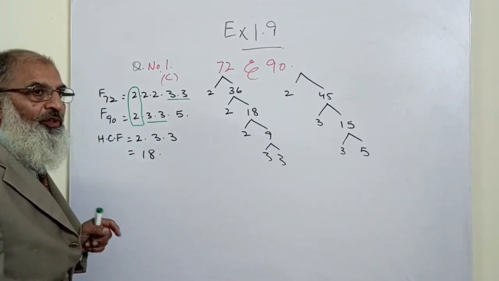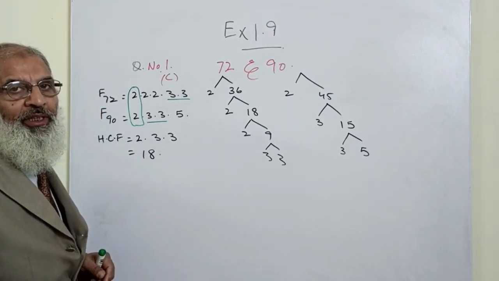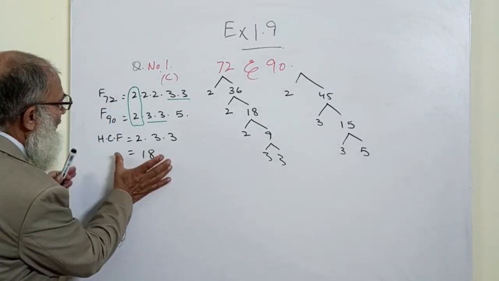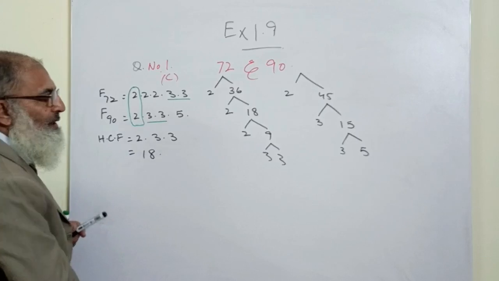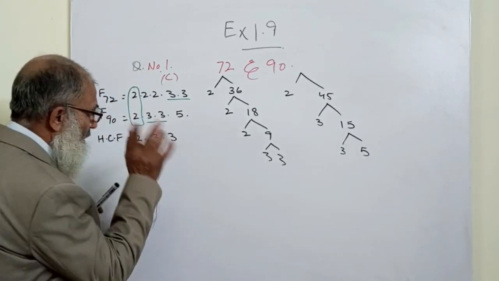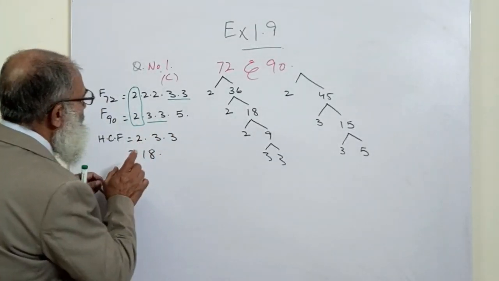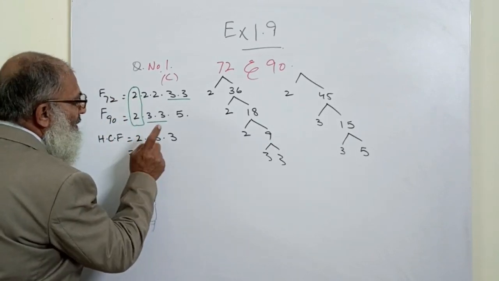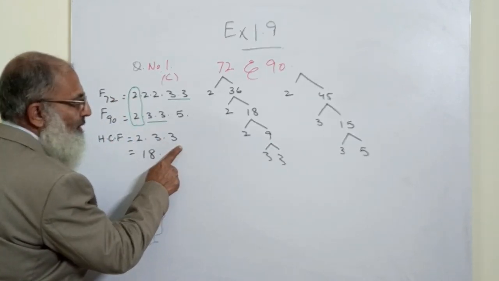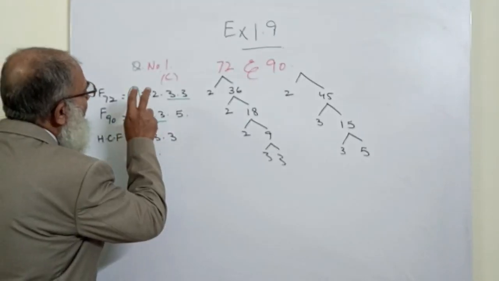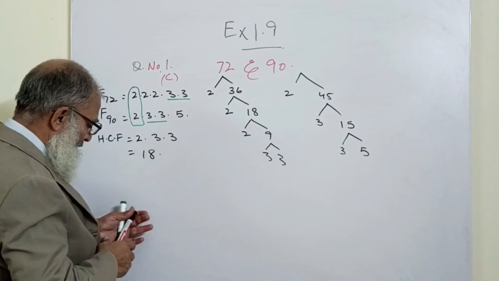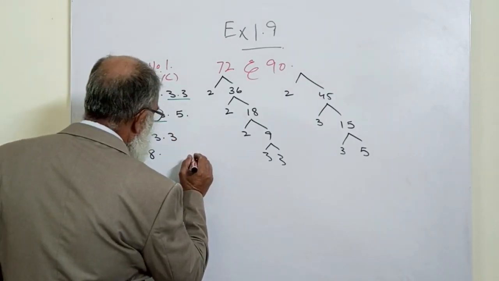Now you see the smallest trick between HCF and LCM. This was common, this was common, this was common, and the leftovers are 2, 2 and 5. What are the leftovers?